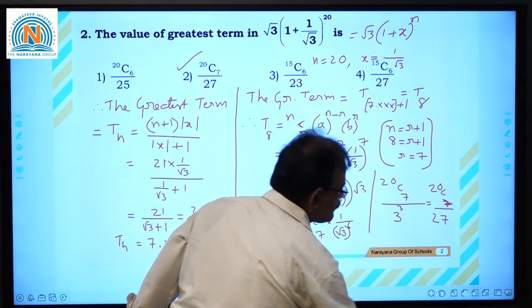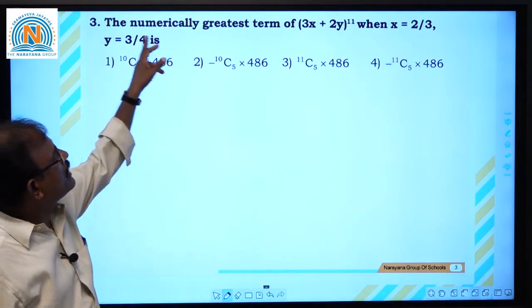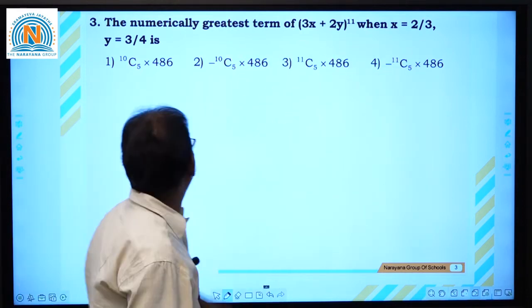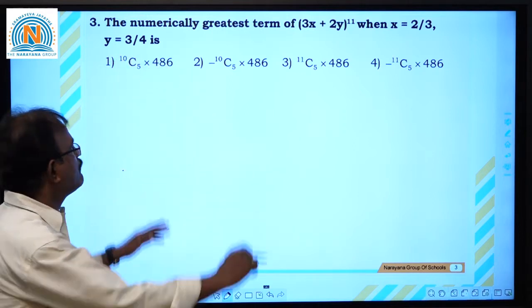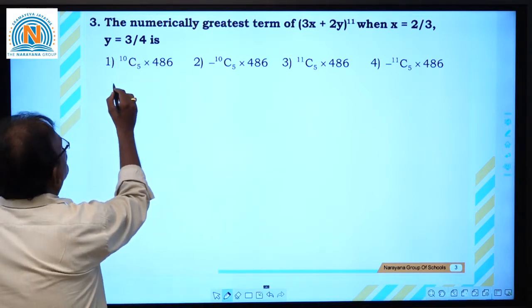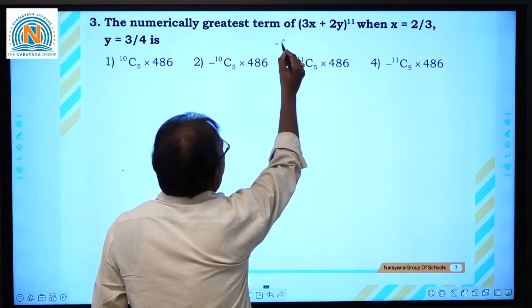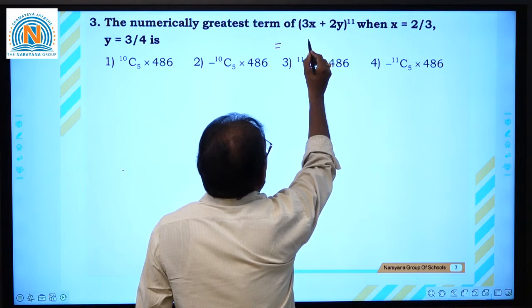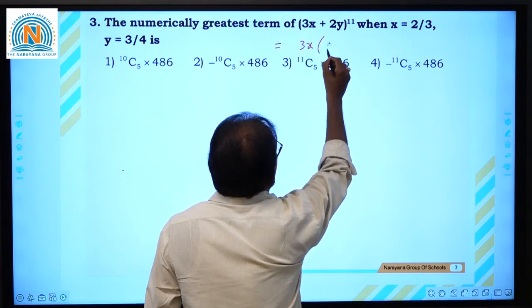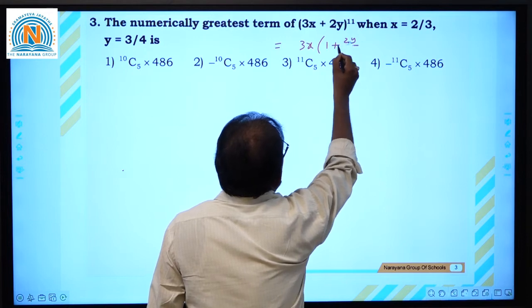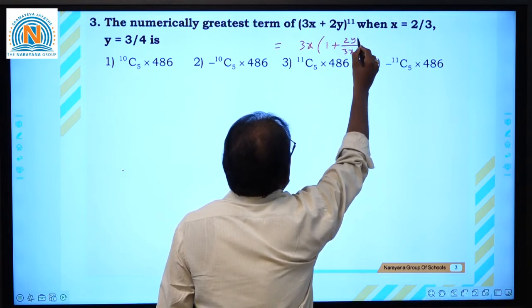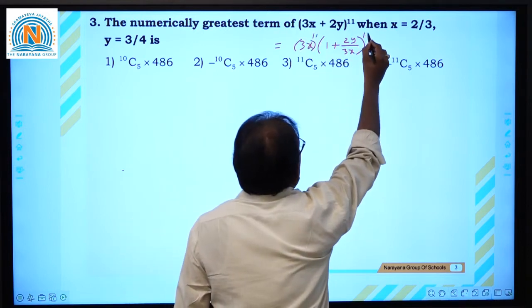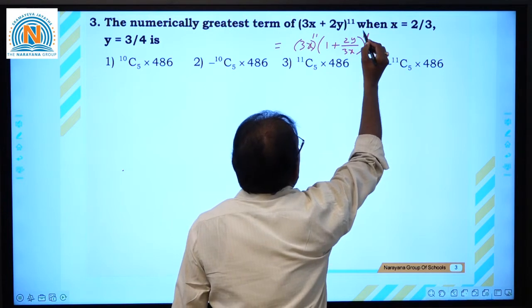So our next question. Numerically greatest term of (3x plus 2y) whole power 11 when x is equal to 2 by 3 and y is equal to 3 by 4. Say for example, this is given that if you take 3x common here, then this is (1 plus 2y by 3x) whole power 11.